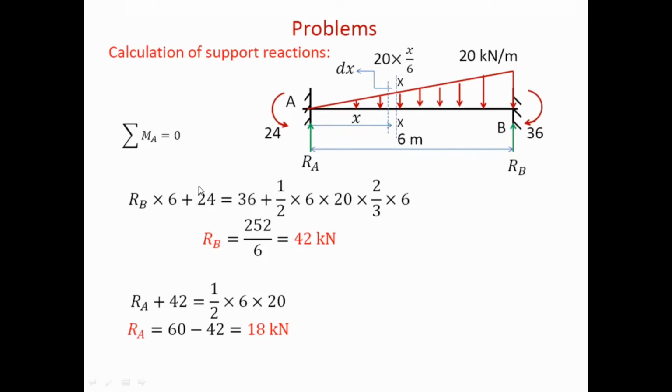Because both the moments are anti-clockwise. RB into 6 and 24. So anti-clockwise moments are equal to clockwise moments.